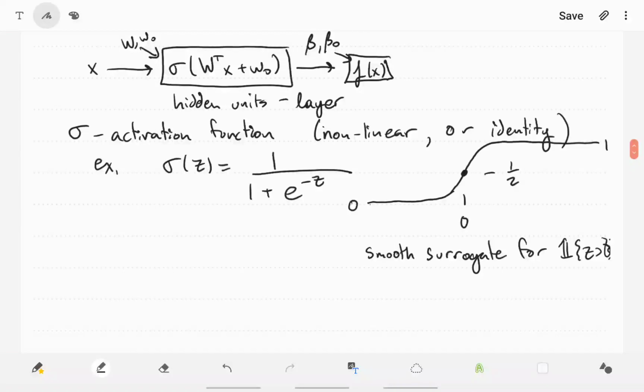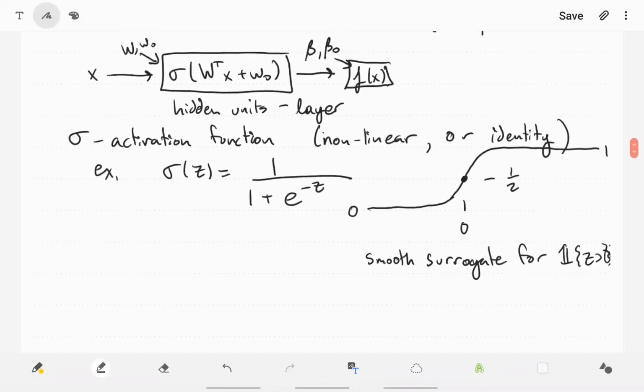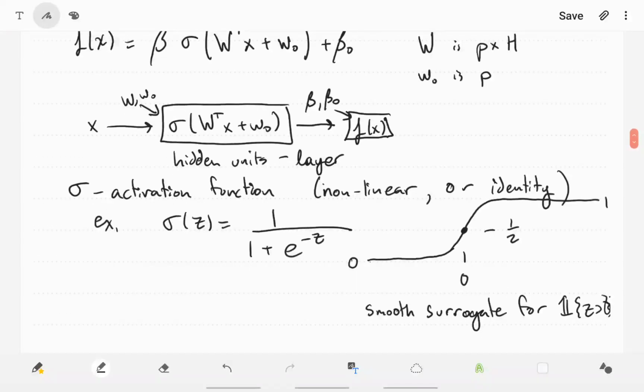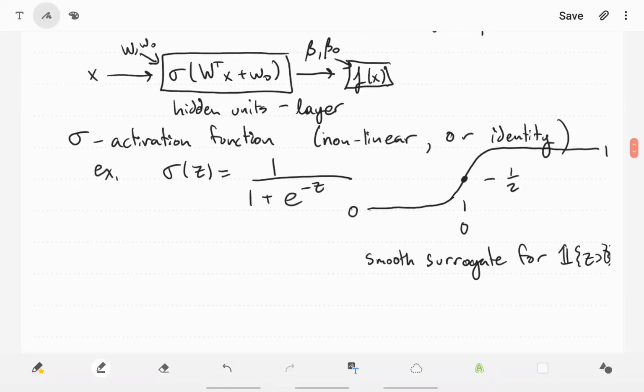One way to think about this is that we're iteratively constructing features for the linear layer, but instead of fixed features like we do with high-dimensional embeddings, we're using trainable features because this W matrix is learned as well. We typically call this representation learning because we're actually learning the features and not just using fixed high-dimensional embeddings or fixed features.